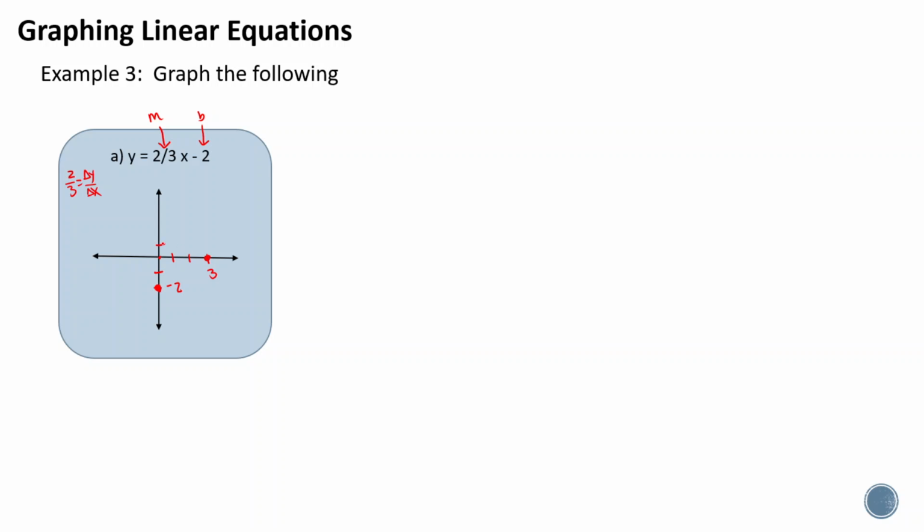And I could do it again if I want, up 2 and over 1, 2, 3. And then we can connect the lines. And we can name some points so that our graph is labeled and readable, okay?